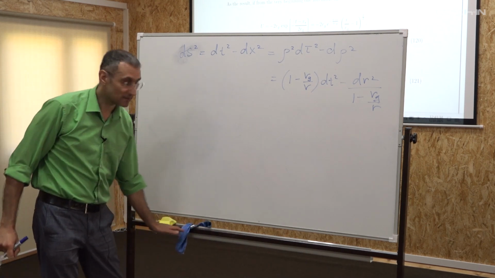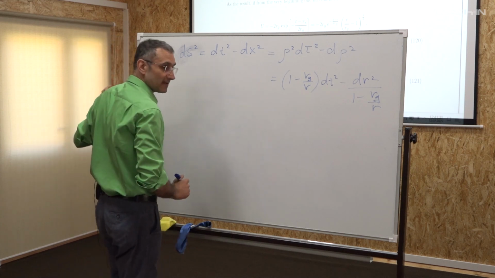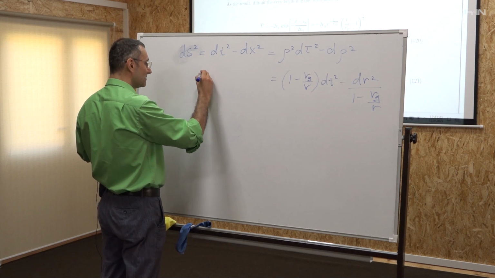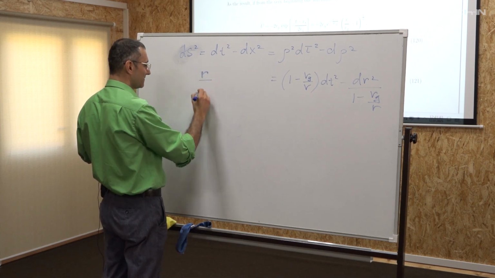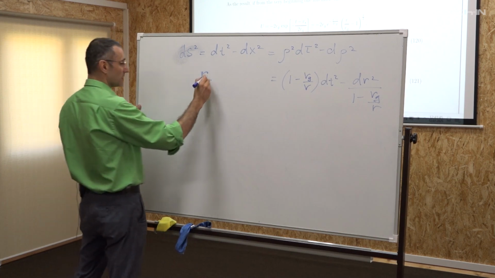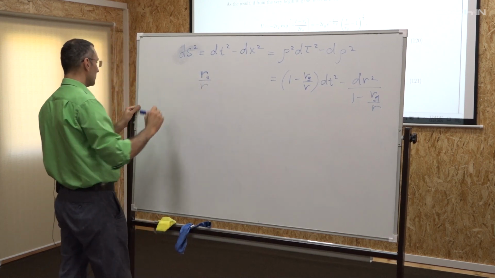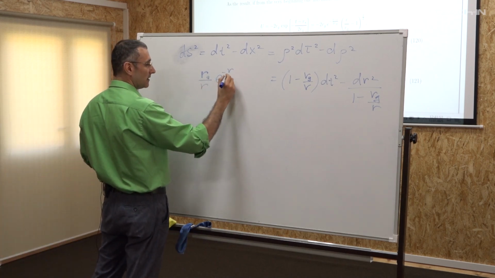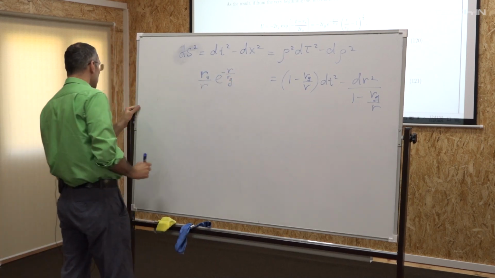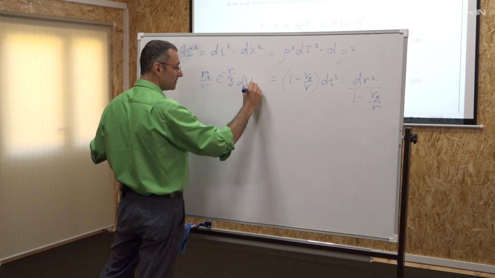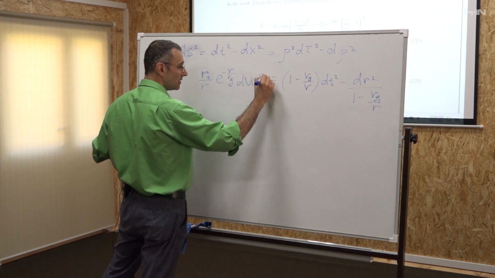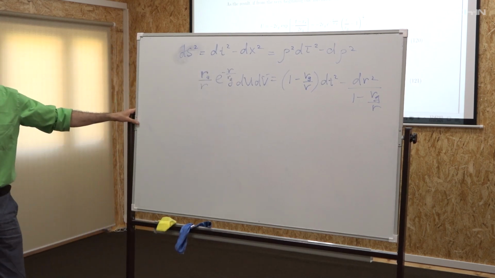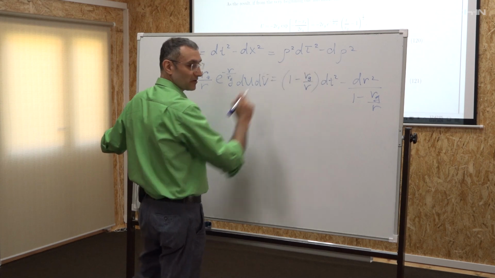You see what I mean, right? I am looking for this guy, and for this guy I am writing that this is r, which is some complicated function of rg divided by r, which is a complicated function of u and v. Here is minus r divided by rg du dv. So this is the analog of this. Meanwhile, this is the analog of this.